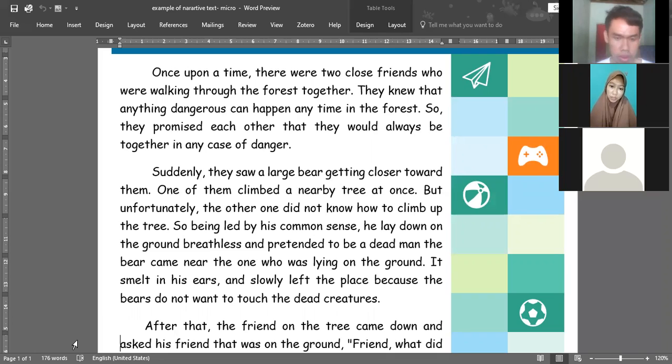So, being led by his common sense, he lay down on the ground, breathless, and pretended to be a dead man, and the bear came near the one lying on the ground. It smelled in his ear and slowly left the place because the bear doesn't want to touch the dead creatures.